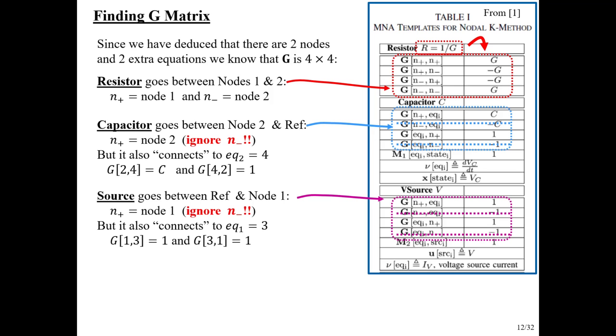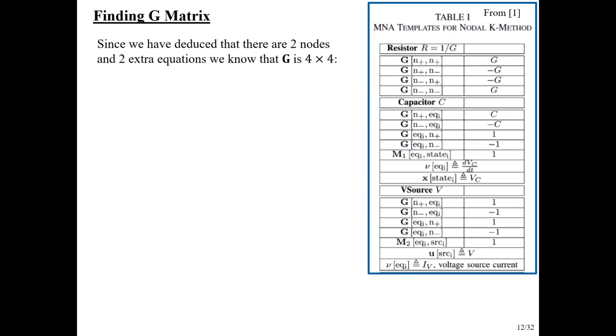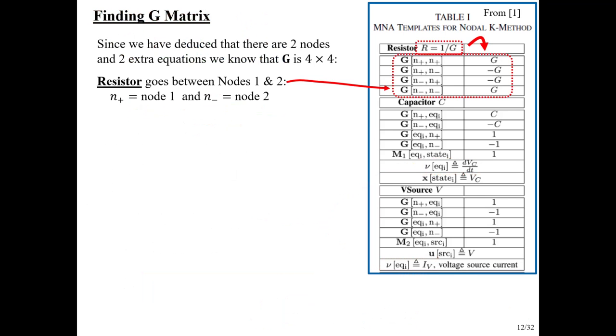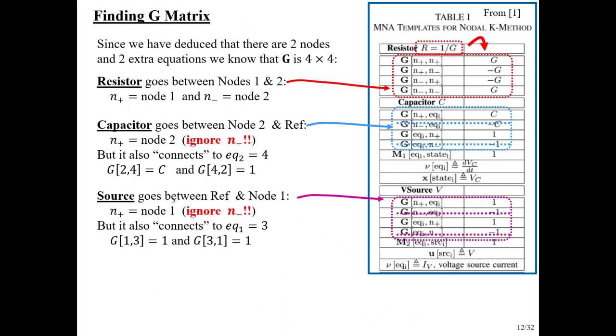And the source goes between reference node and node 1. Now you might say, why is this taken as positive and this taken as negative? Well, it's the same kind of rule, passive sign convention. So our positive is node 1. Our N minus for that is the reference node.